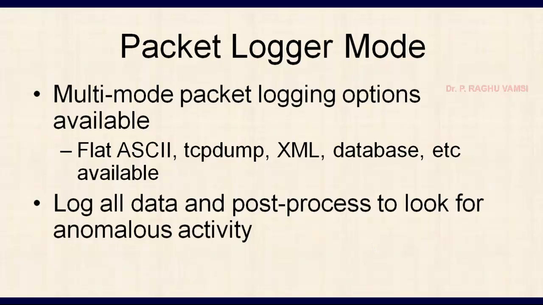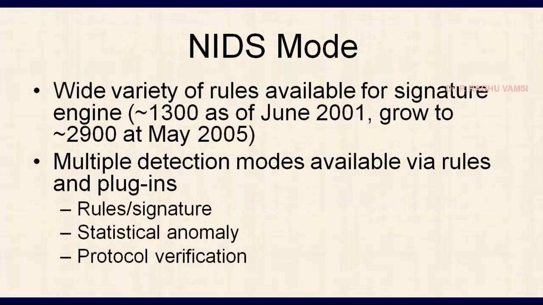The tool will log all data and post-process it to look for anomalous activity. In NIDS mode, a wide variety of rules is available for the signature engine. Many signatures have been developed so far: default rules, community rules, and many others, and you can use any of these.